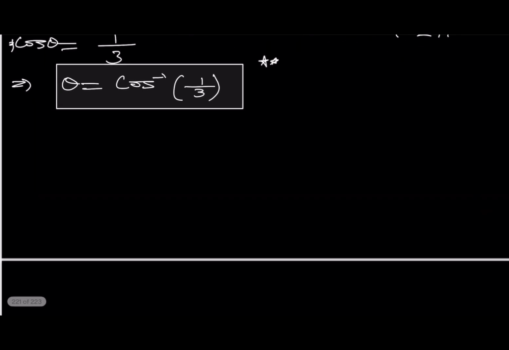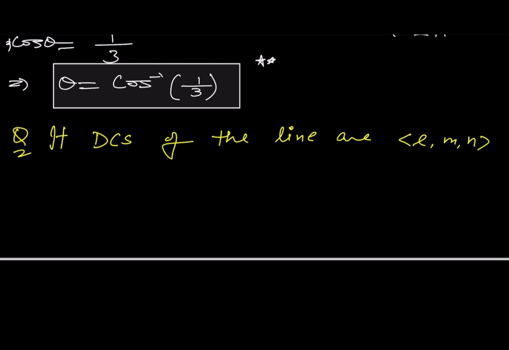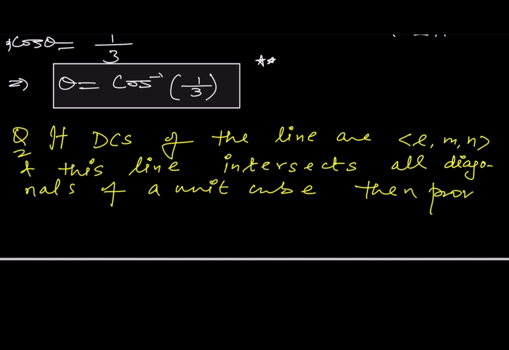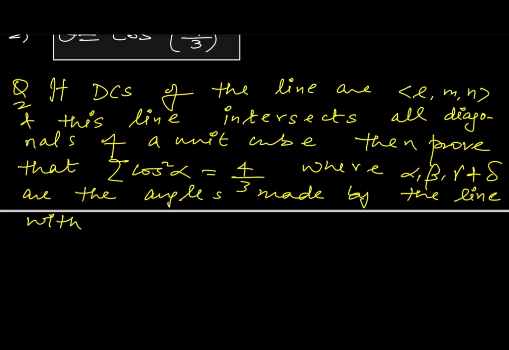Now let us take another question. If the DCs of a line are L, M, N, and this line intersects all the body diagonals of a unit cube, then prove that sigma cos square alpha is equal to 4 by 3, where alpha, beta, gamma and delta are the angles made by the line with the diagonals.